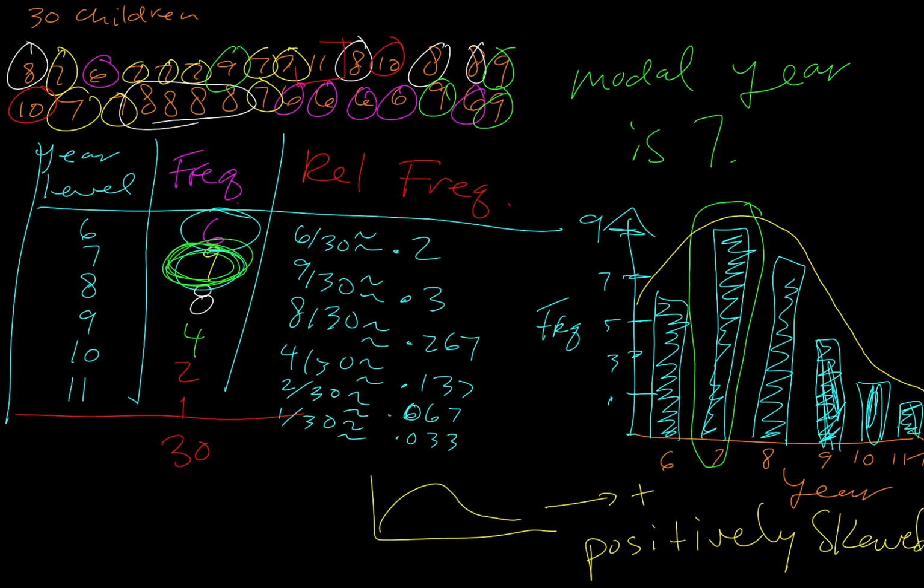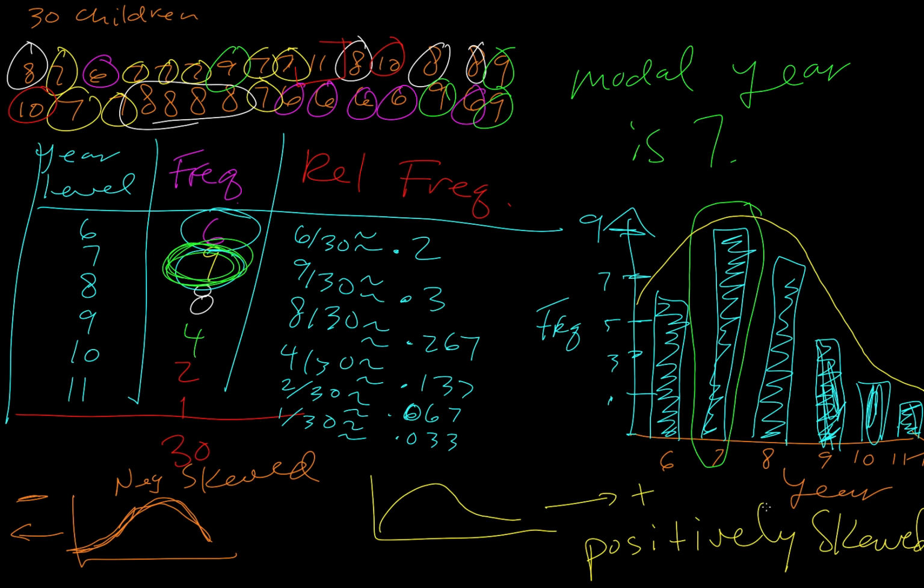Okay. If we were to have one that looked more like this, not doing a good job drawing this, but if this piece went more towards the negative direction, then we'd say it's negatively skewed.